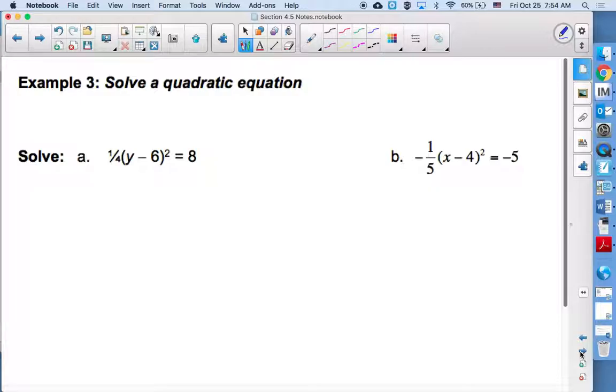And anytime you're solving, you're trying to get x by itself. So what would be something that you could do to letter A to solve the equation? Just thinking about what you remember about trying to get x by itself. What could be one thing that we could do to solve this? Gavin, what do you think? Multiply the reciprocal on both sides. Yeah, so there's a 1/4 there.